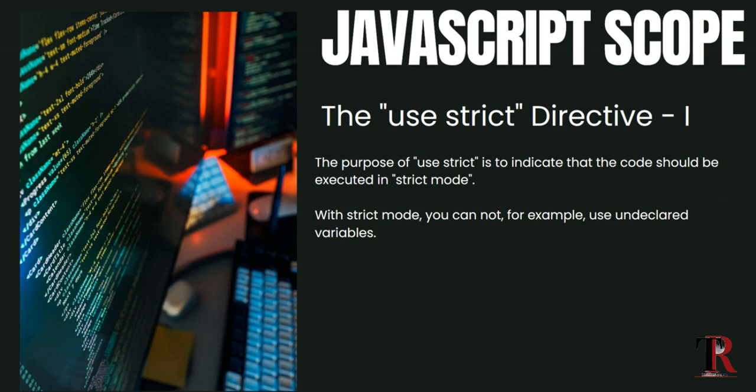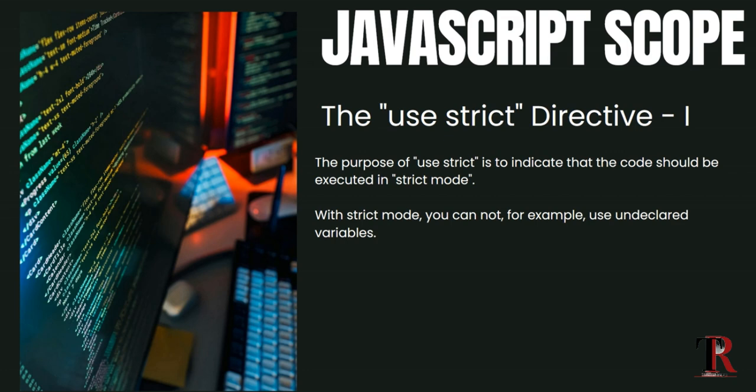With strict mode, you cannot, for example, use an undeclared variable. Notice that in the normal JavaScript mode that we have been using in the past videos, you can easily set an expression without having declared a variable and it still does not give an error in your code.